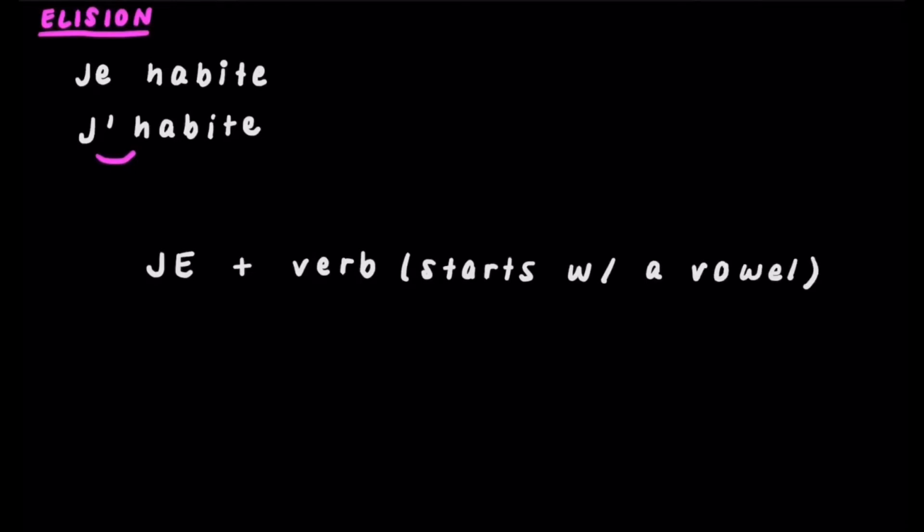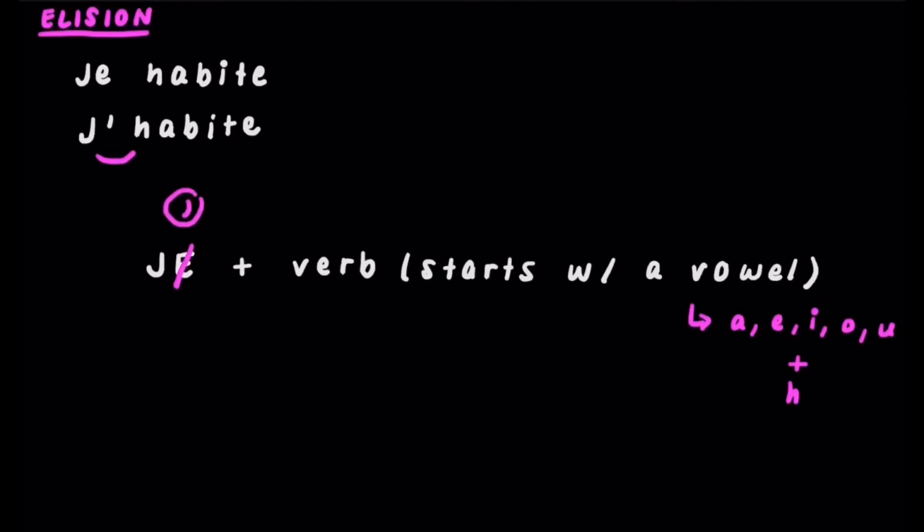Now, elision happens whenever we have je followed by a verb that starts with a vowel. A vowel would be the letters A, E, I, O, and U, but in French, H is also considered a vowel. Whenever elision happens, we have to replace the E in je with an apostrophe.